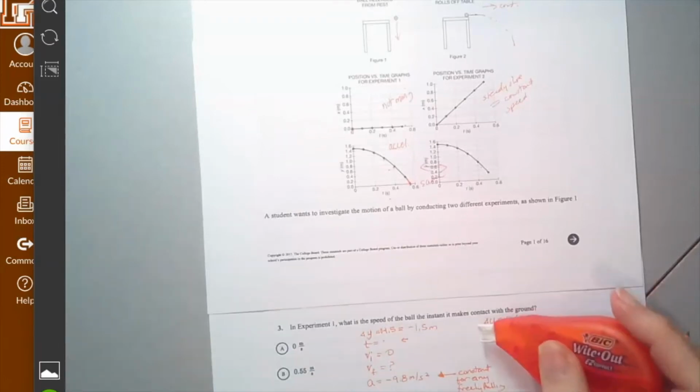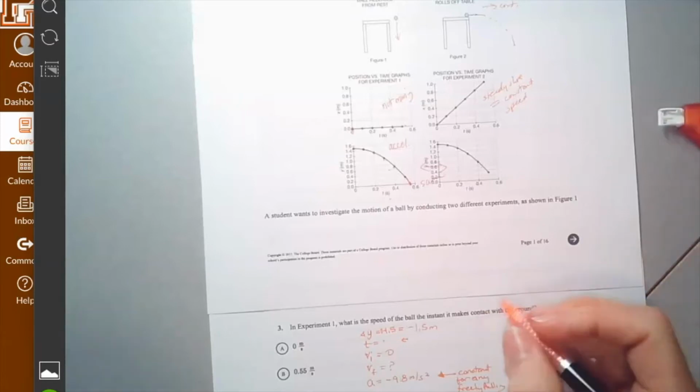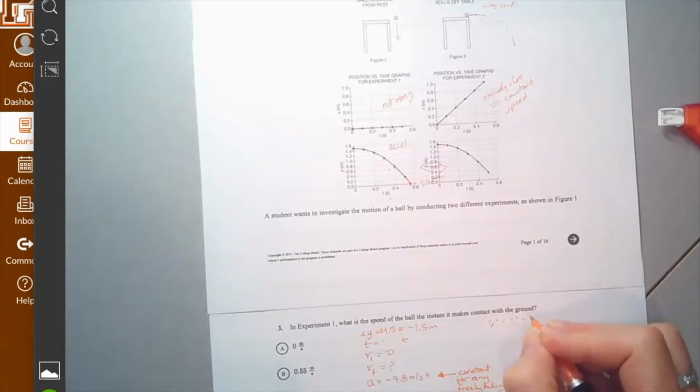The equation that we're going to use for this is v final squared equals v initial squared plus 2a delta d. We have the final velocity, which is what we're looking for. The initial velocity is 0.